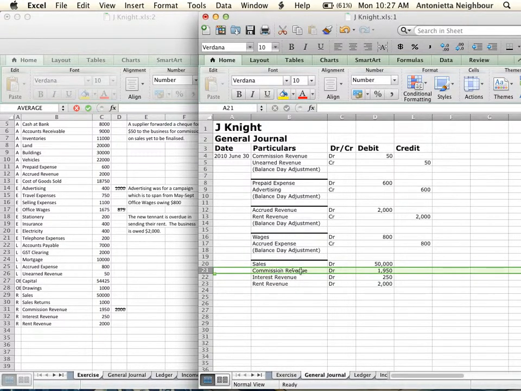So go back and delete sales returns, because sales revenue is debited to close it off, but sales returns are always debited to start with because they represent an amount of stock that comes back into the business. That figure is used to decrease sales in the income statement. So we need to credit sales returns to close it off. So delete it from your list there.